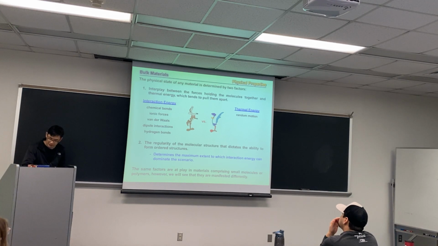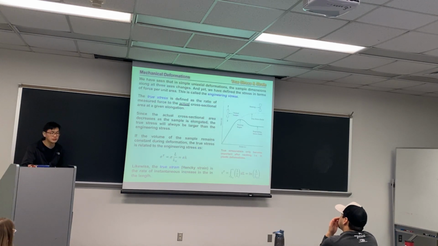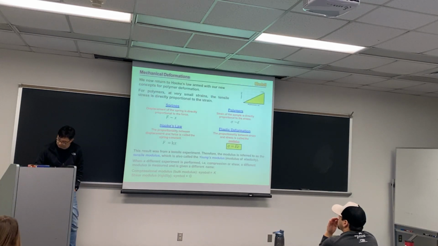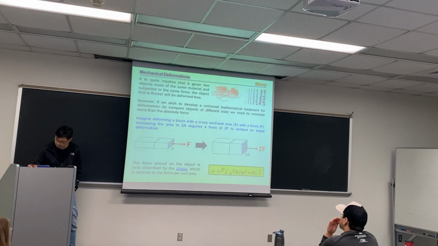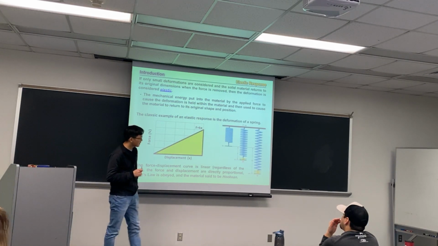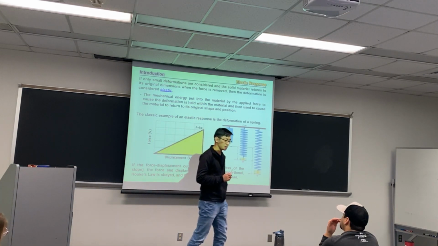I think that will be it. In the next class we will start to discuss how we understand the different deformation between metals and polymers. So let me go back to one slide. Everybody knows what makes a polymer unique, right?